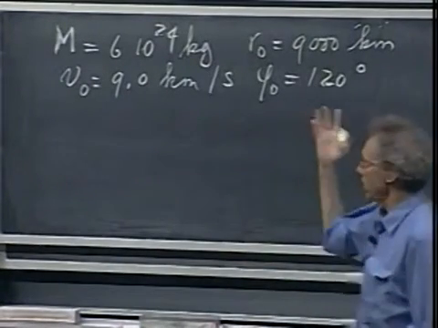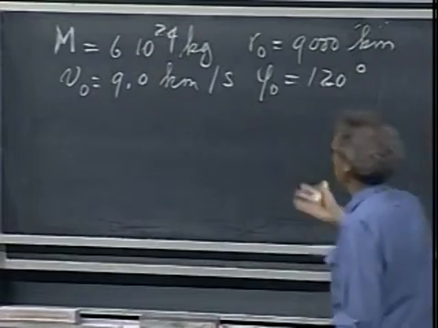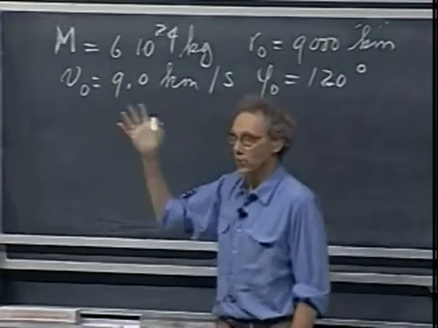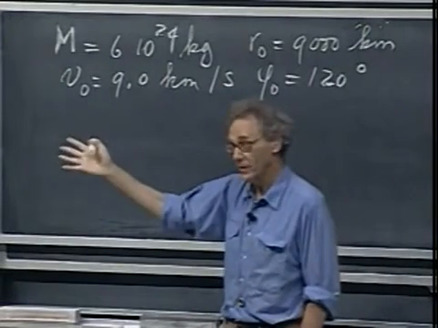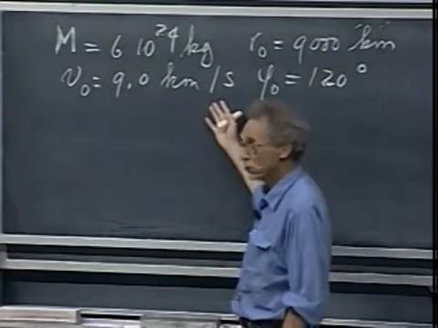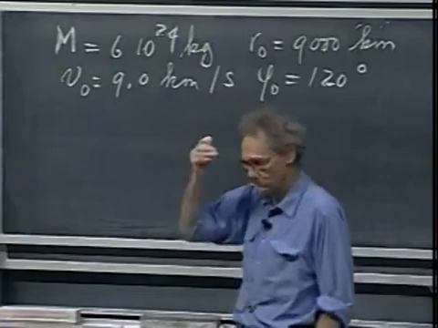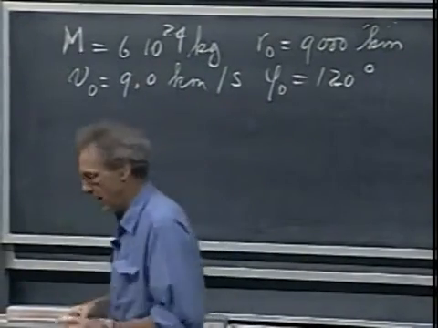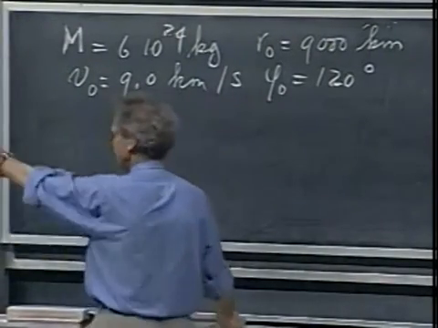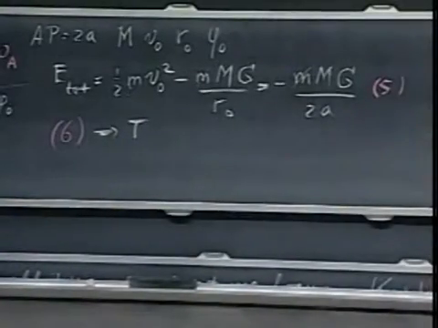First of all, with equation 5, you can convince yourself, sticking in these numbers, that the total energy is indeed negative. Of course, if I make the total energy positive, it's not an ellipse. So then it's all over. It is negative, it is an ellipse. So with equation number 5, I then pop out a. Because that's one equation with one unknown. And I put in the numbers.